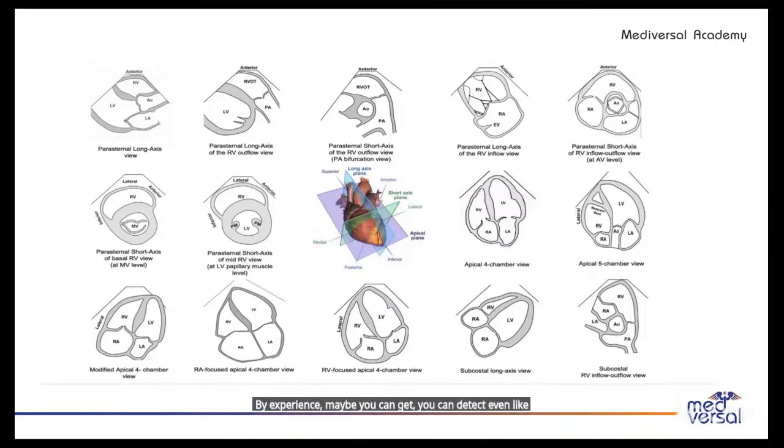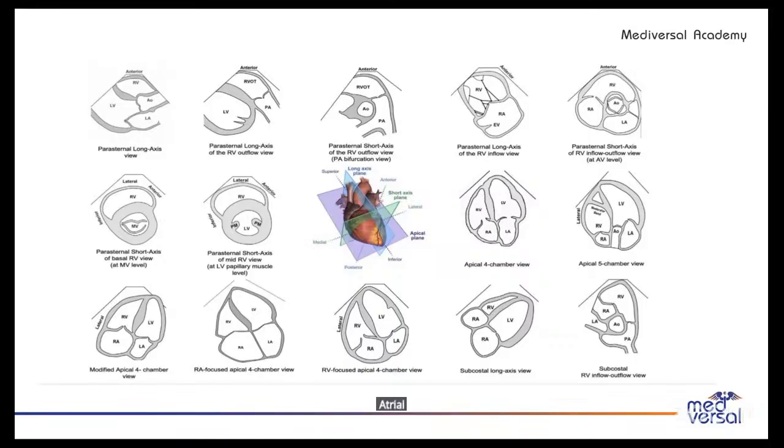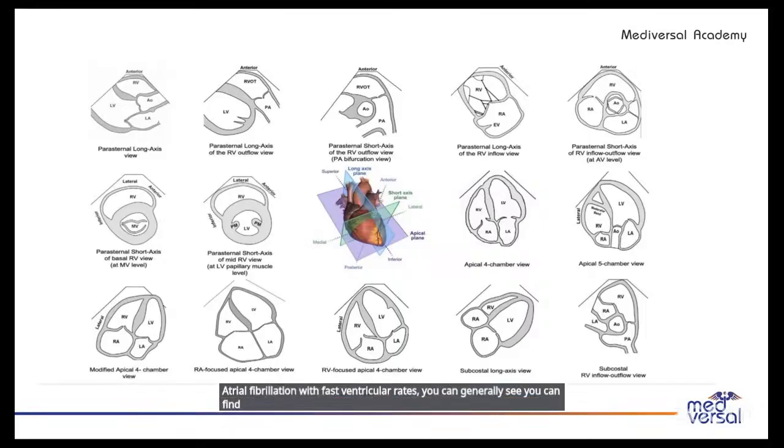If you want to detect arrhythmias in 2D echo, practice in ICU patients when an atrial fibrillation episode is going on. Most commonly, in atrial fibrillation with fast ventricular rate, you can find the arrhythmia in the beating of the heart on 2D echo.